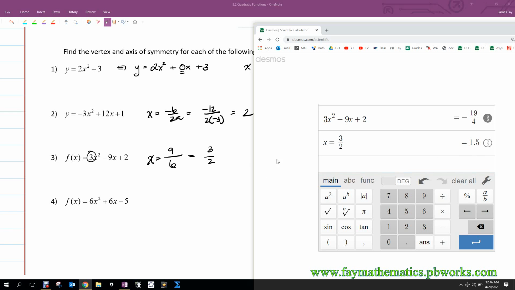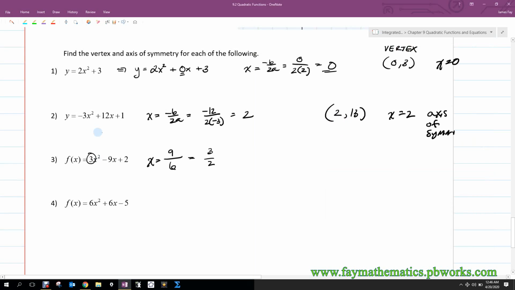I'm going to turn it into a fraction, so negative 19/4. So x was 3 halves. Negative 19/4 was the y value that I got back. Remember, the axis of symmetry is through that x coordinate. So x equals 3 halves is my axis of symmetry.